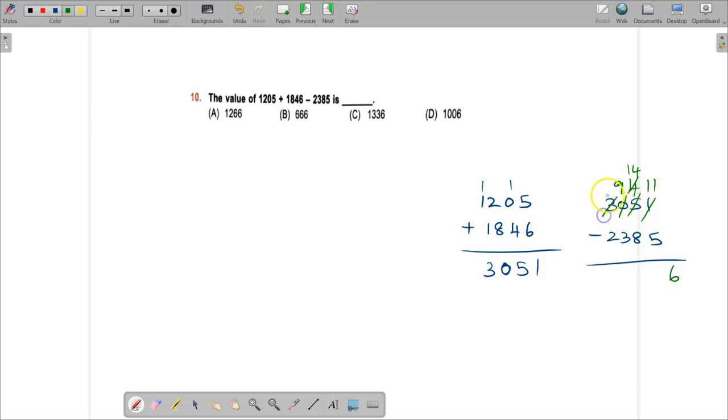The number before also you need to reduce to 2. So now 14 minus 8 is 6, 9 minus 3 is 6, 2 minus 2 is 0. So it is 666. The answer is 666. Option B is the correct answer for the 10th question.